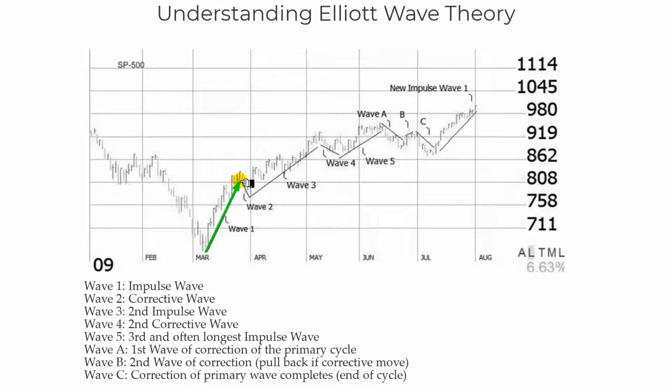Wave 1, impulse wave. Wave 2, the corrective wave. Wave 3, the second impulse wave. Wave 4, the second corrective wave. And then wave 5 to here. And then you can see here now the lettered phase of correction of the primary wave, A, B, and C. And then potentially moving on for the second leg up of the bull market.